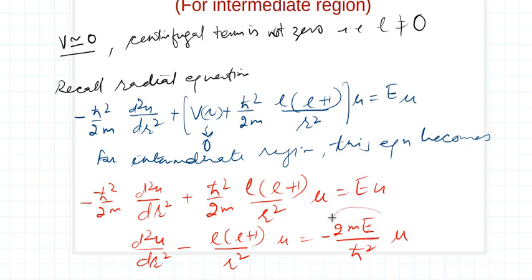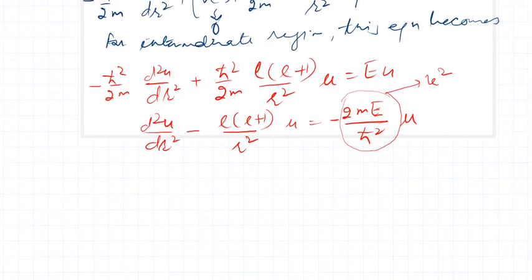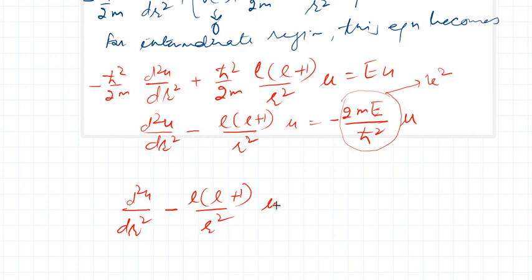Let me call this k square, as we have taken for the earlier case also. So d square u over dr square minus L into (L plus 1) over r square into u is equal to minus k square u.